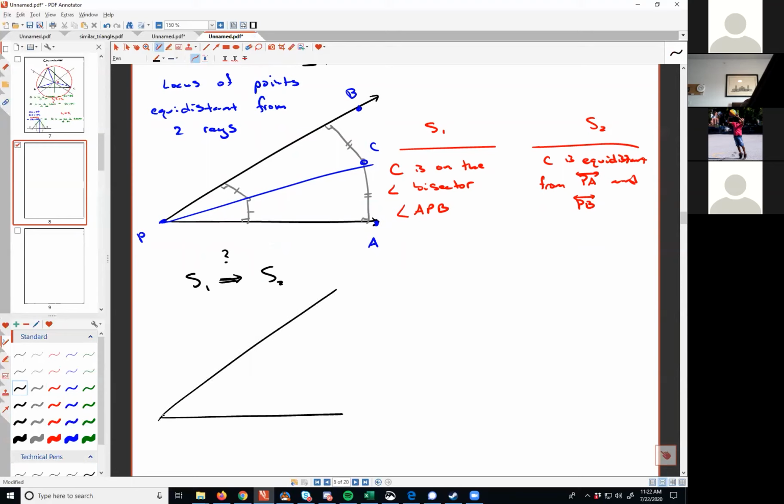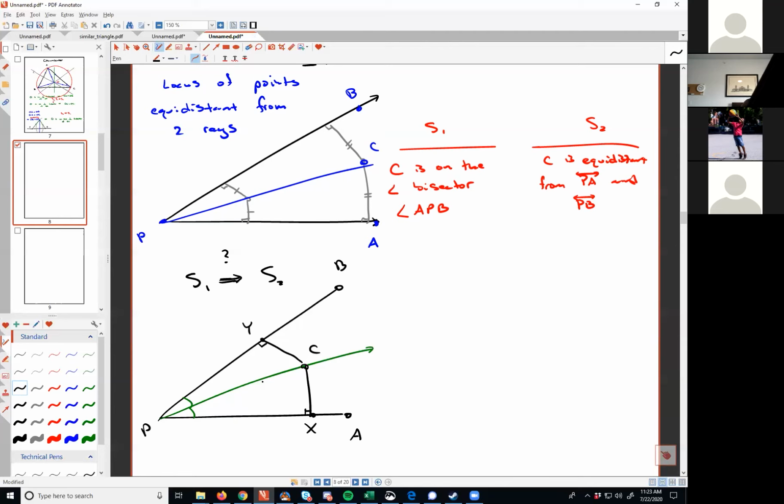So if C is on the angle bisector, we start with that information. Those angles are the same. And we have some point C. And we drop a perpendicular, and we drop a perpendicular. Well, what do we have? We form two congruent triangles.